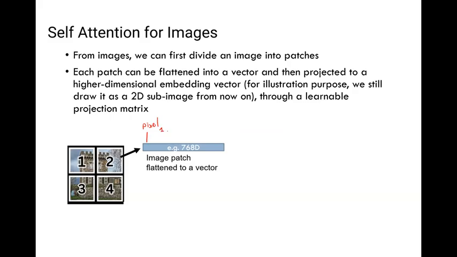Pixel 1, pixel 2, etc. Okay, so what are RGB values? RGB values are just color or intensity. They don't really have a higher-level semantic meaning, so it's not good for directly processing or lookup.